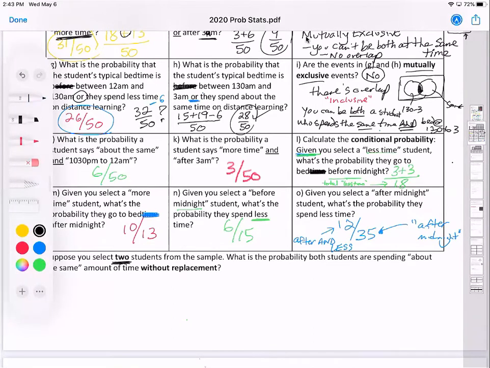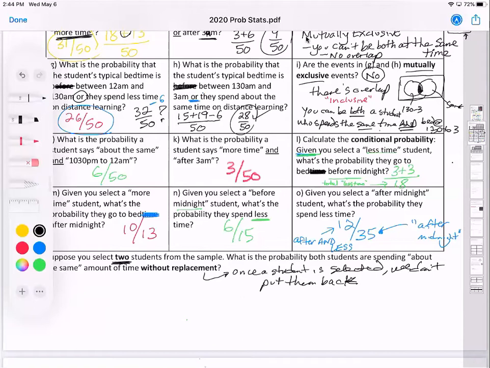Now this without replacement, we talked about in a previous video, that means once a student is selected, we don't put them back. They can't get reselected. This is without replacing them.